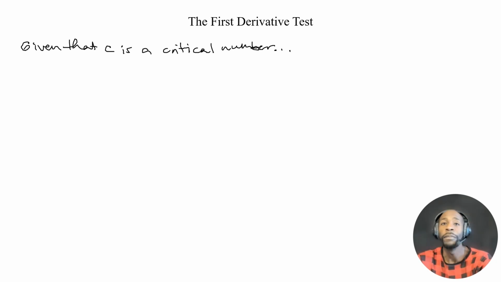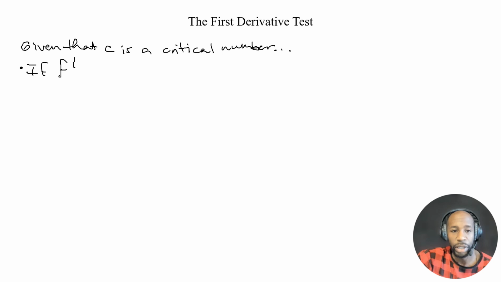So it's a point in the domain of some function f of x where, if you take the derivative at that point, the derivative is equal to zero, or the derivative does not exist at that point.